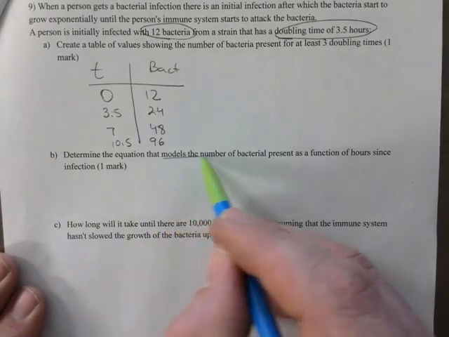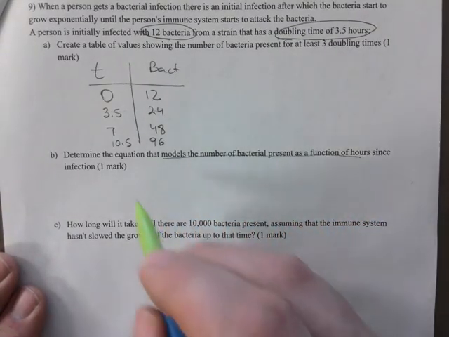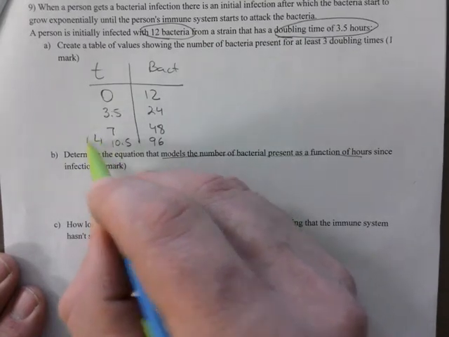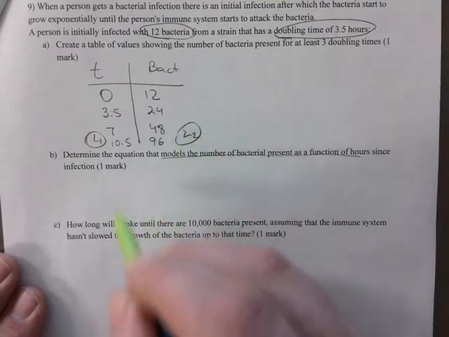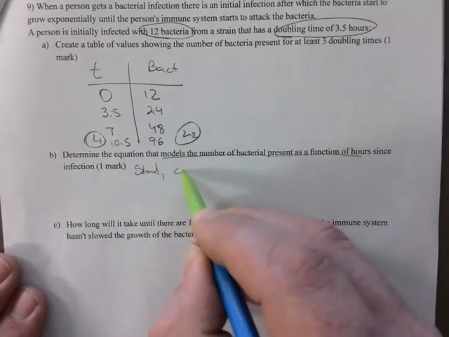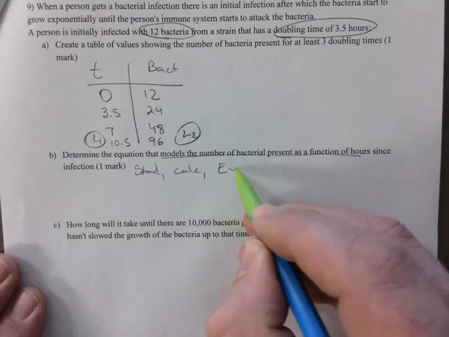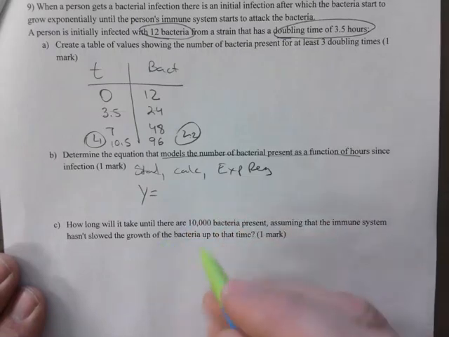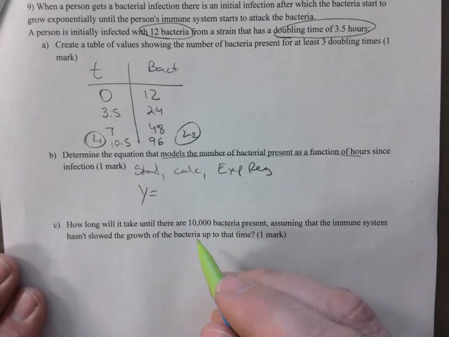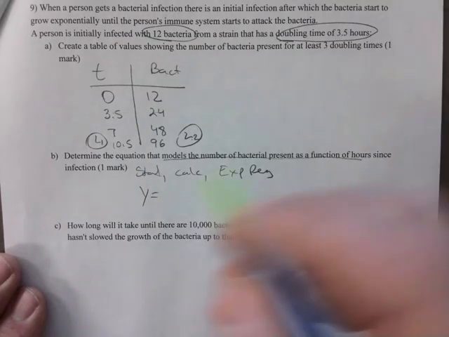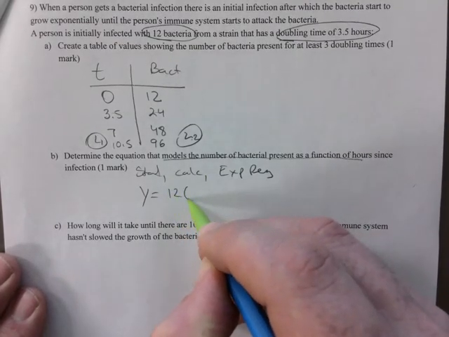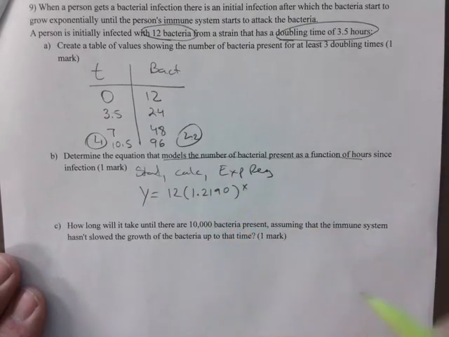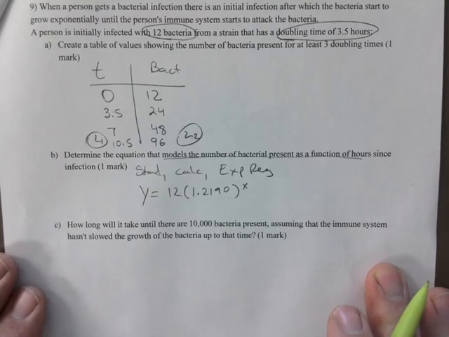Determine the equation that models the number of bacteria as a function of hours. So you put this into L1, you put this into L2, and then you go stat, calc, exponential regression. And here you got your equation, which is 12, no surprises there, 1.2190 to the power of x.